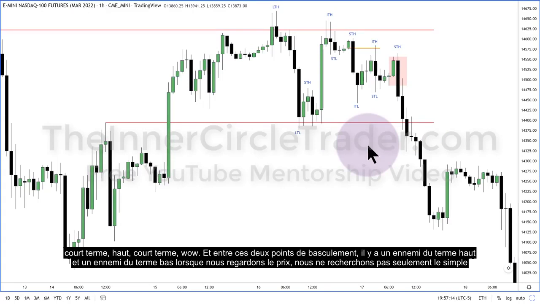When we look at price, we're not looking for just the simple higher high, higher low, therefore it's a bullish market or uptrend. That's not what I'm looking at. I'm looking at, does the market have a reason to go up for buy-side liquidity or buy stops? Or is it likely to go up to rebalance an imbalance, which is like a fair value gap?